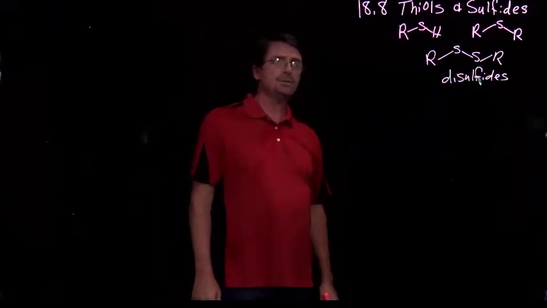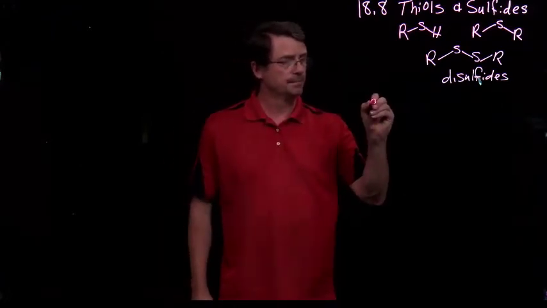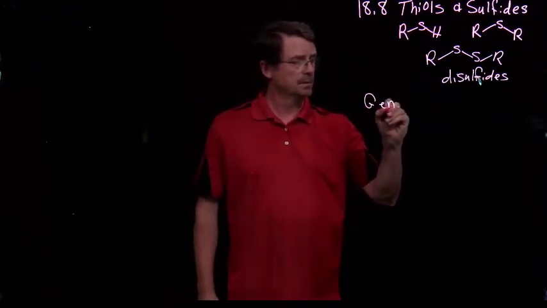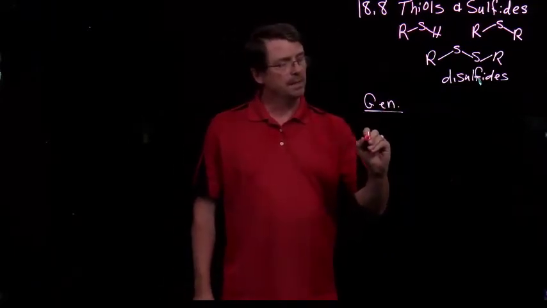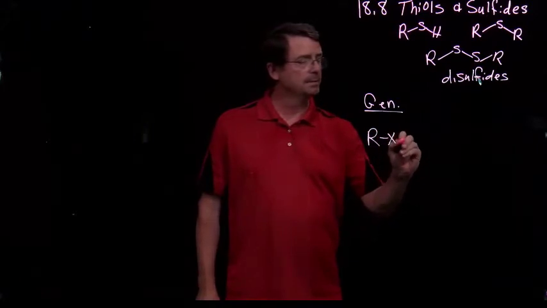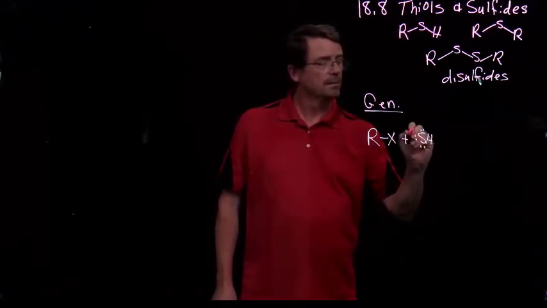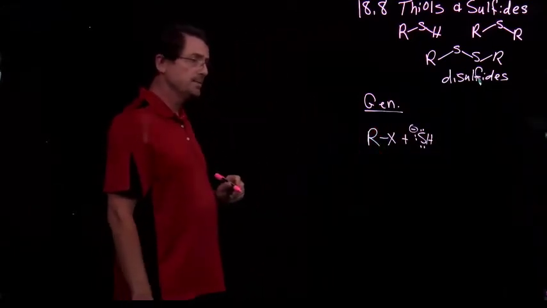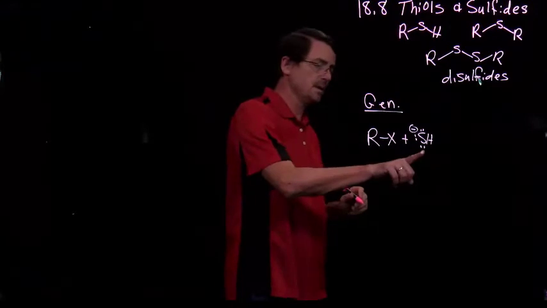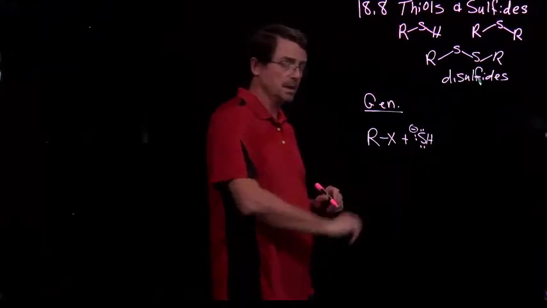Okay, so first, how do we make a thiol? General reaction here is we take an alkyl halide plus hydrogen sulfide that has been deprotonated, so this is the thiol equivalent of hydroxide.